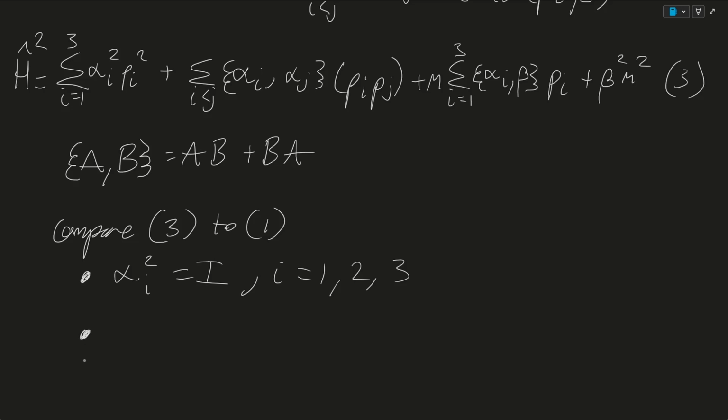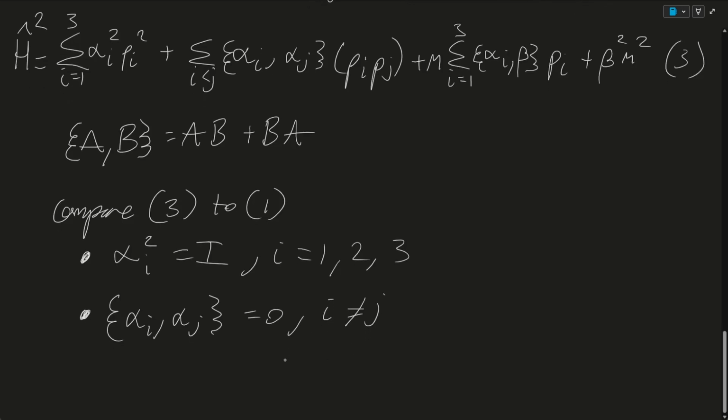Okay, bullet points. The next thing is the anti-commutator of alpha sub I and alpha sub j is 0, where I does not equal j.